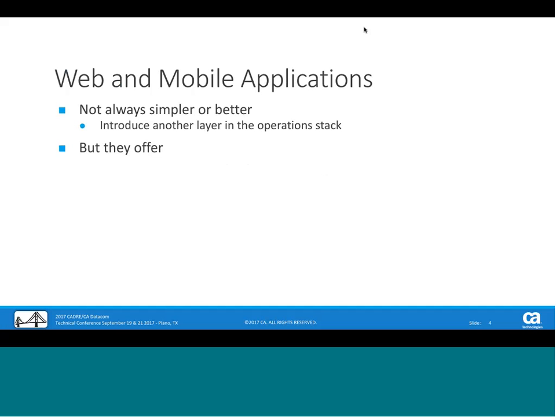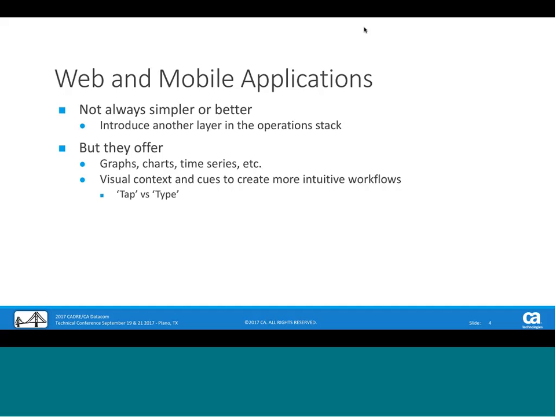But with these applications, you're able to have charts and graphs, which lets you see how MUF resources are being allocated and used, and maybe see some anomalies that you might want to investigate.